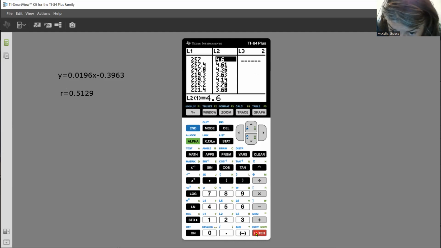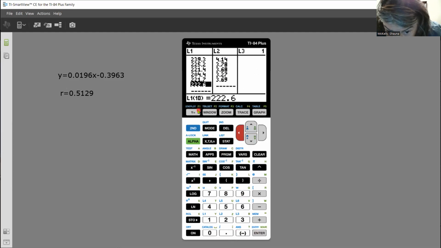And the one that has the 5 in there, this last point, I'm going to delete this temporarily. I'm going to delete my X value as well.